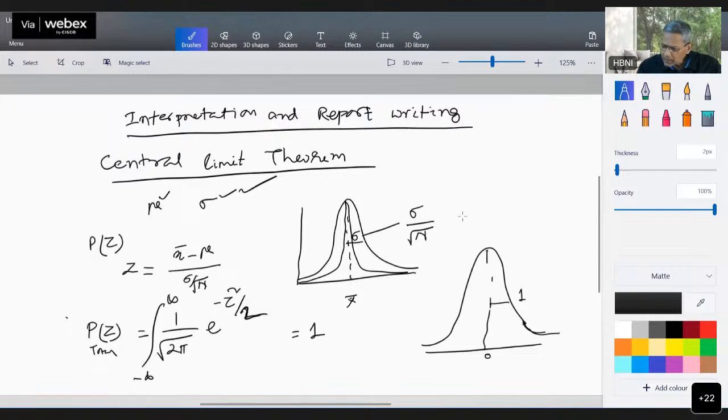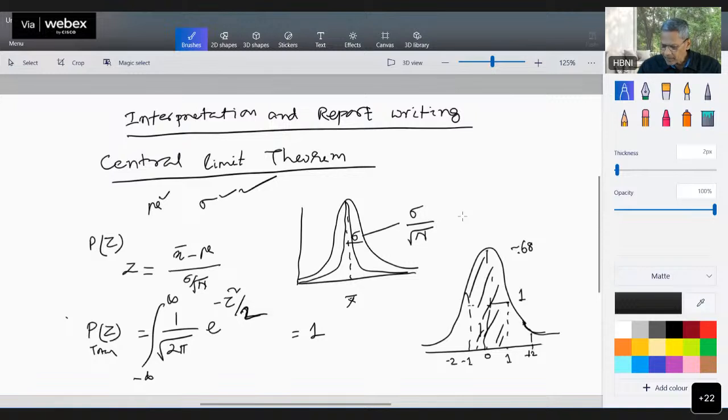And here, you know that this is a probability distribution. If I take 1 sigma, the area under this standard normal distribution would be roughly 68%. Similarly, instead of 1 and -1, I can take -2 and +2.